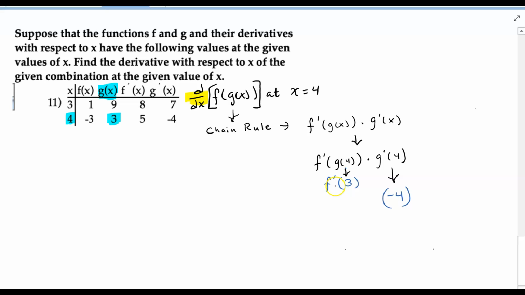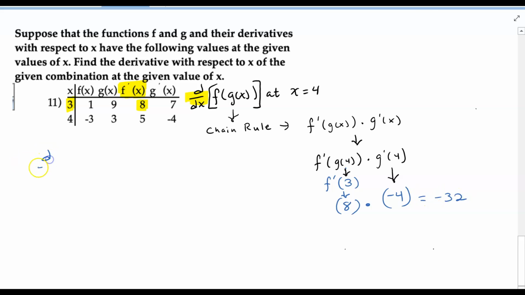So now in order to do that, I go back to my chart, and I see f prime of 3 is 8. And so then f prime of 3 is 8, and I'm going to multiply that by negative 4, and I end up with negative 32.